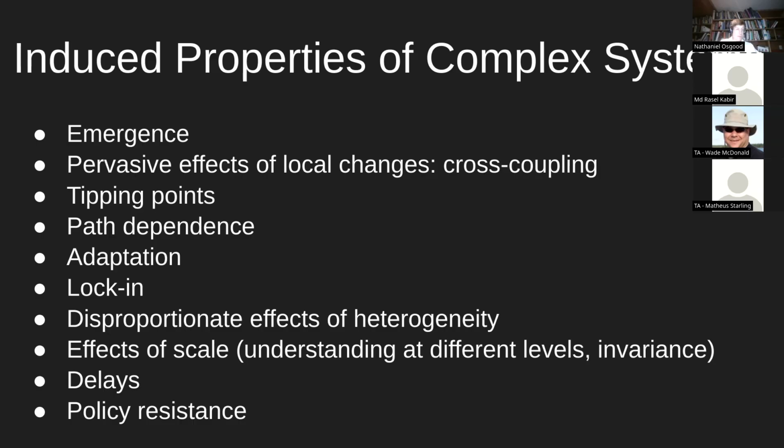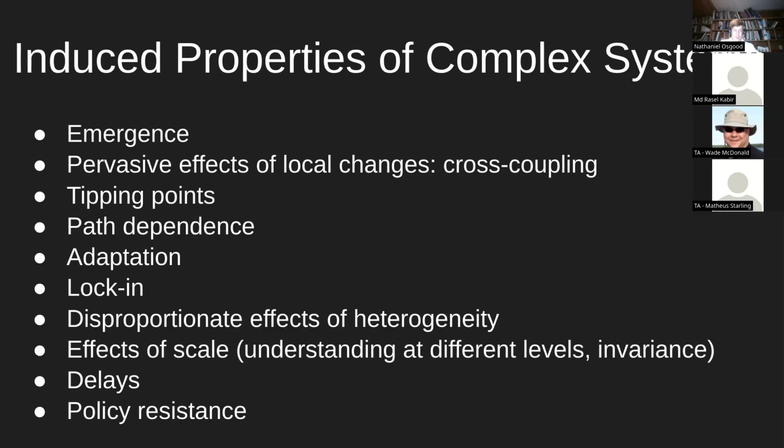Lock-in is a feature of complex systems, and one of its implications is that generally it's vastly easier to prevent, say, someone from getting trapped in a cycle of addiction. If you can prevent it, you can do so with fewer resources than trying to get them out of it, picking up the pieces after the fact. Same thing with poverty or exposure to trauma.